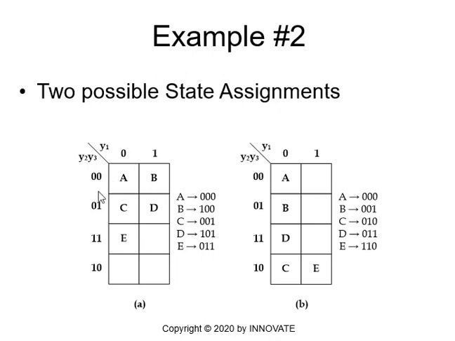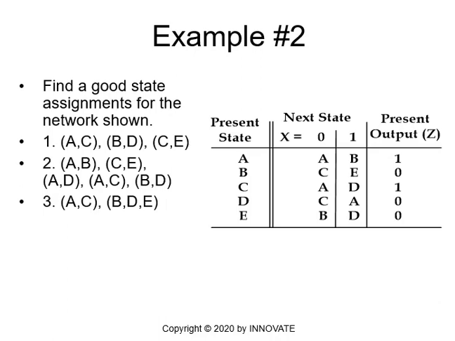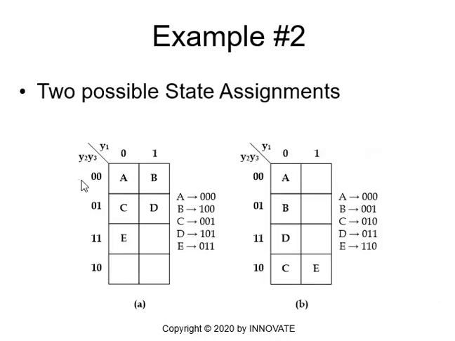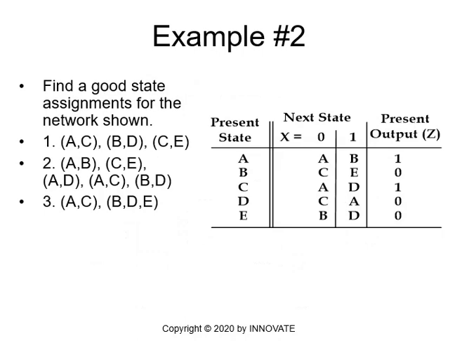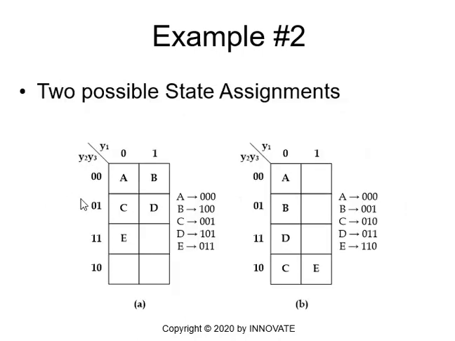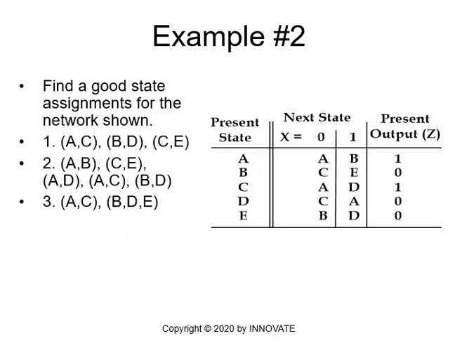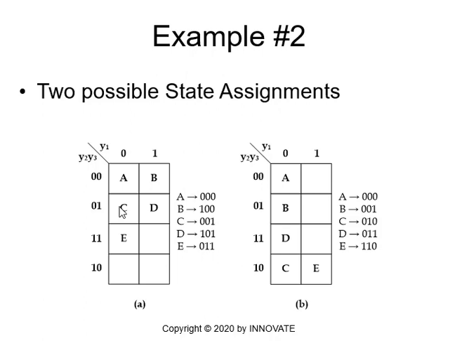Now, in guideline number 1, I need AC, BD, CE. AC, I put C here. Then AC is met. BD, I will put B and D here. Then CE, I will put C and E in these two cells. And I achieved all guideline number 1 sets.